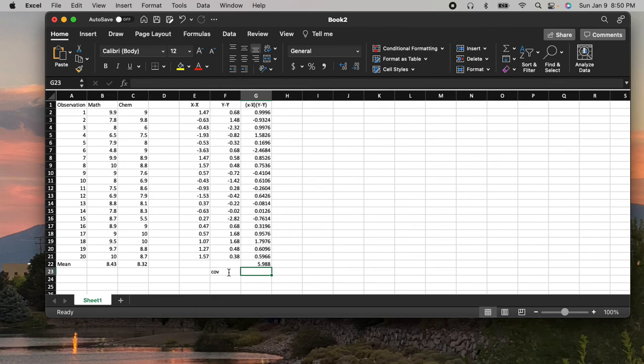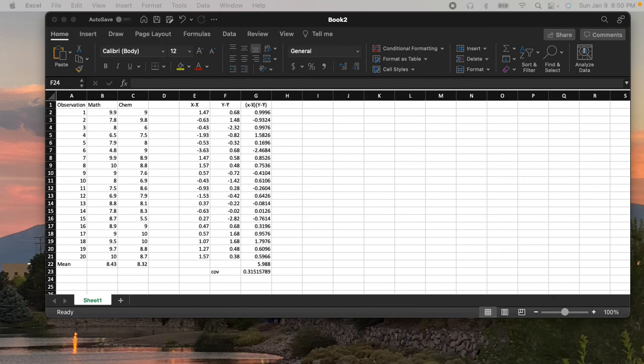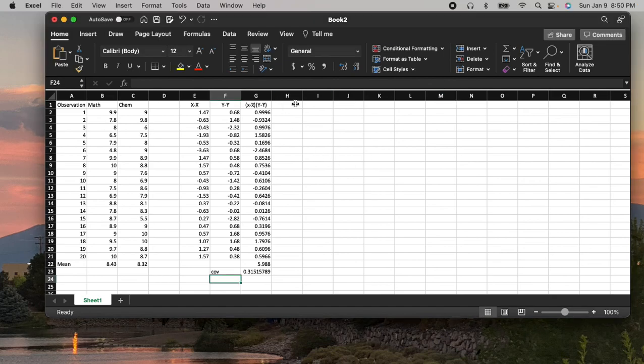Covariance equals this number divided by 19. Okay, so my covariance is 0.3151. Remember, covariance just tells us whether there is a relationship, but it doesn't tell us how strong that relationship is. That's something that we discussed during the lecture.